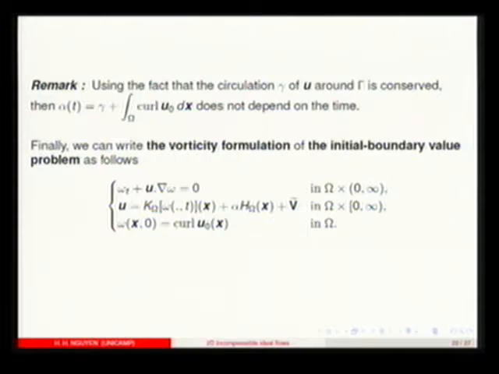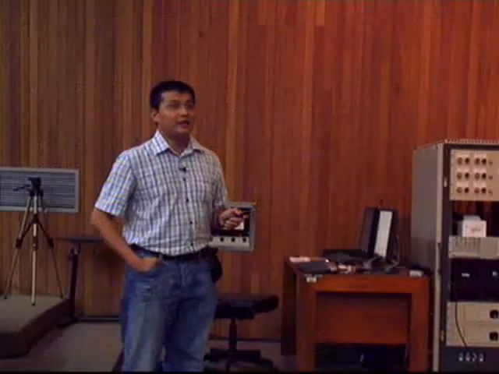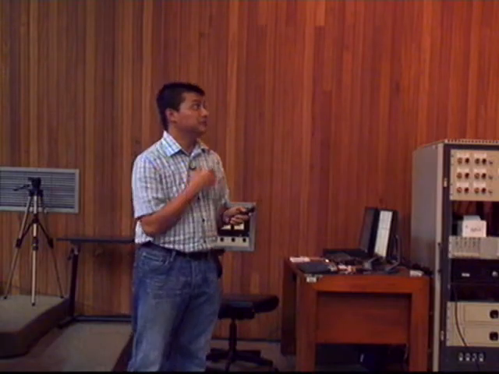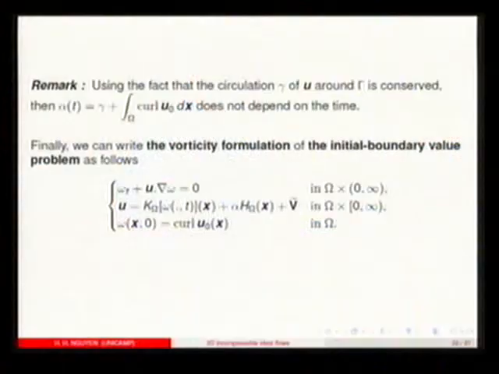To show this, we use the stream function and the Kelvin circulation theorem. Finally, we can write the vorticity formulation of the initial boundary value problem as follows, with u equals K omega plus alpha H omega plus v_t.